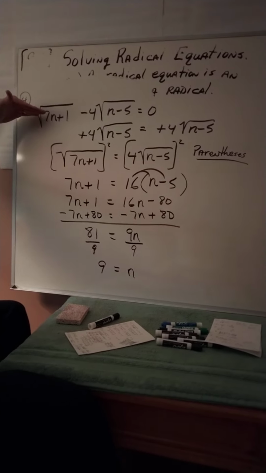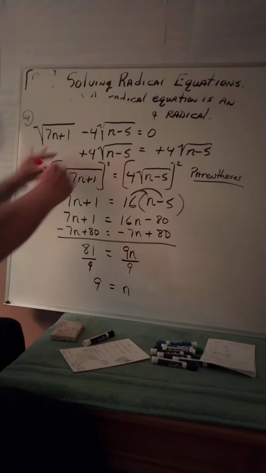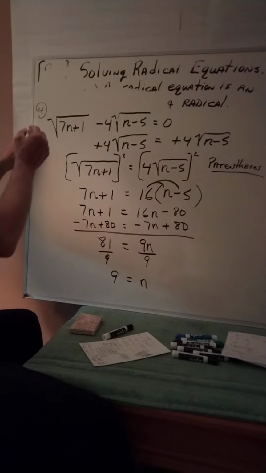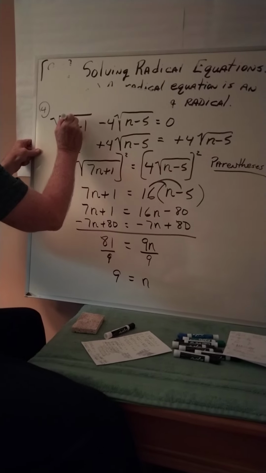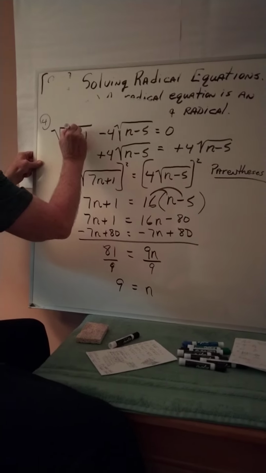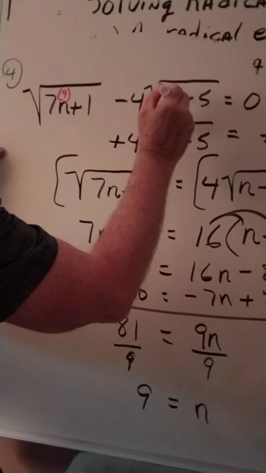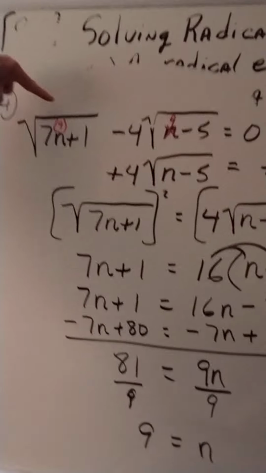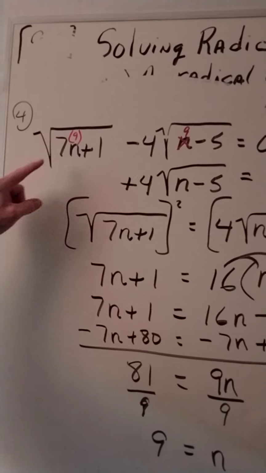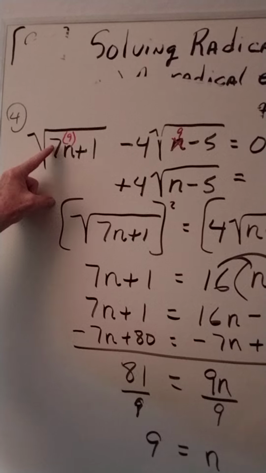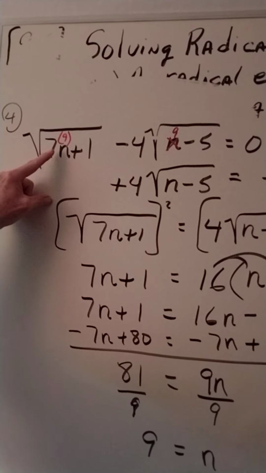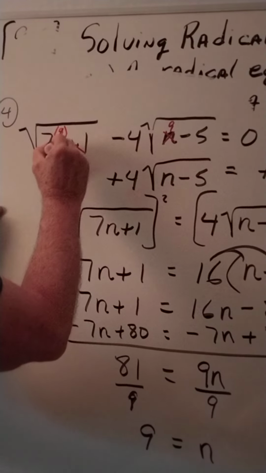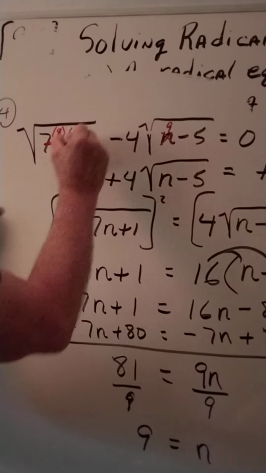Now we're going to check it in the original equation, not any of these, the original one. I'm going to stick that 9, that n is 9, right here and right here. Let's do it carefully right up here. Folks, 7 times 9 is 63, plus 1, 64.